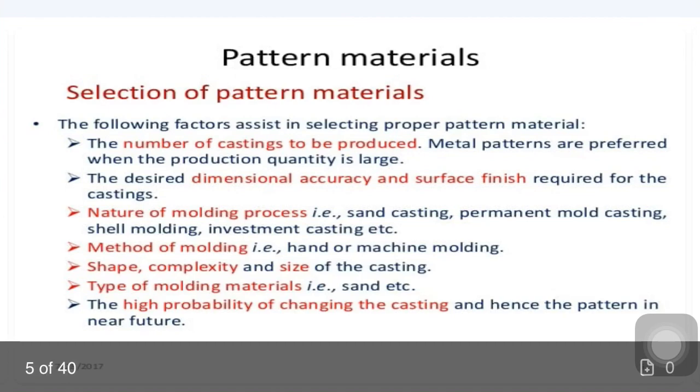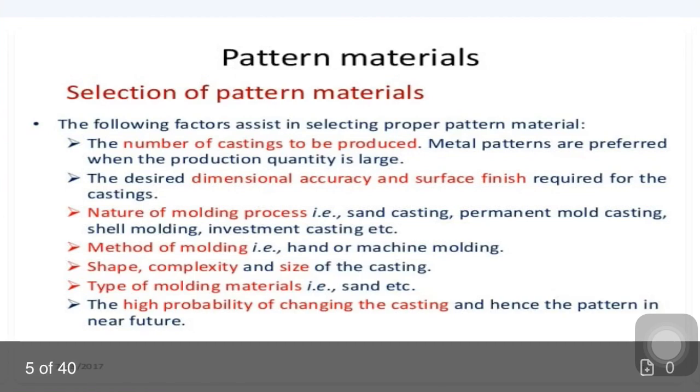Now the nature of the molding process, आप किस तरीके का मोल्डिंग प्रोसेस यूज़ करने वाले हो, पेटर्न के ऊपर सैंड लगा के आप मोल्ड प्रिपेयर करने वाले हो। Either you can use the permanent mold casting process, the shell molding process, or the investment casting process. These are the available options for the molding process. तो आपके लिए nature of molding process is the third criteria, right?